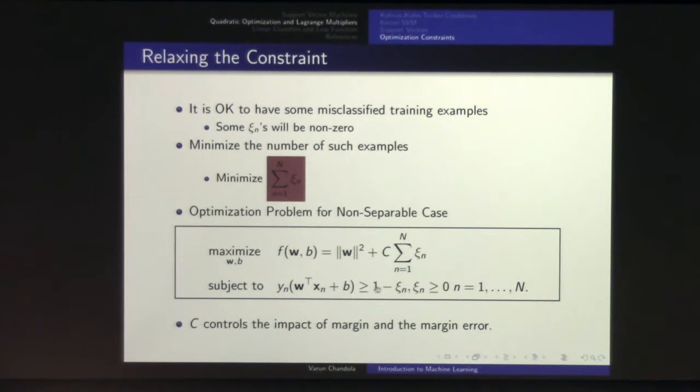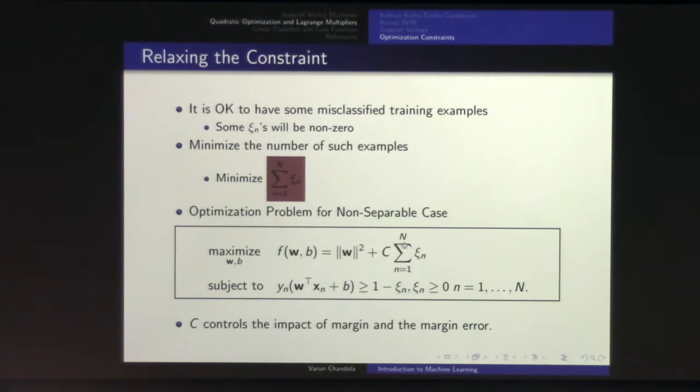But now you are ready to accommodate some slack. So you said every data point can be away from the margin or on the wrong side of the margin by just chi n, right? But then you want to minimize the total sum. So that becomes your total error, right? There is a constant C here, which controls the impact between how much you want the margin to be maximized and how much slack you want to introduce, right?